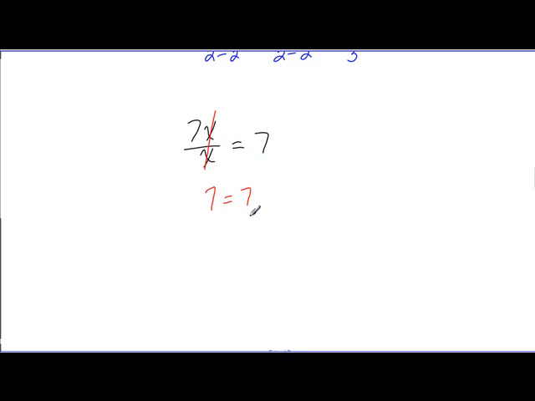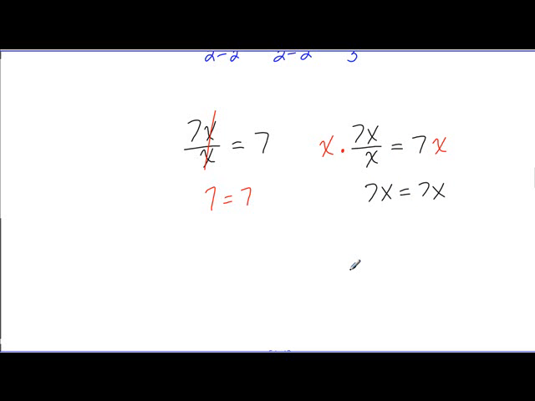Another way of looking at that problem is you could think, okay, I need to multiply both sides by x to clear the fraction. That would give me 7x equals 7x, which again is a true statement no matter what value of x you have.